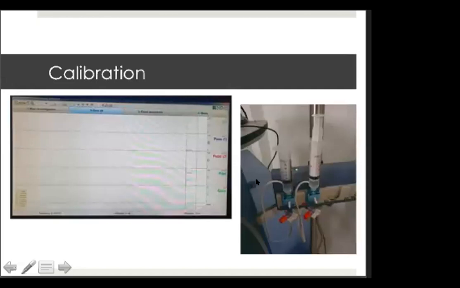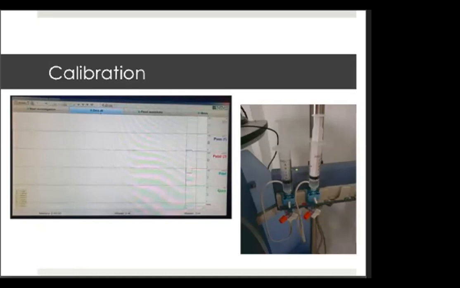For the calibration, these are the two syringes. They are used to flush, for example, if there are bubbles in the tubings, so they can be flushed out. This is our machine in the office. We have to click this one, zero all.